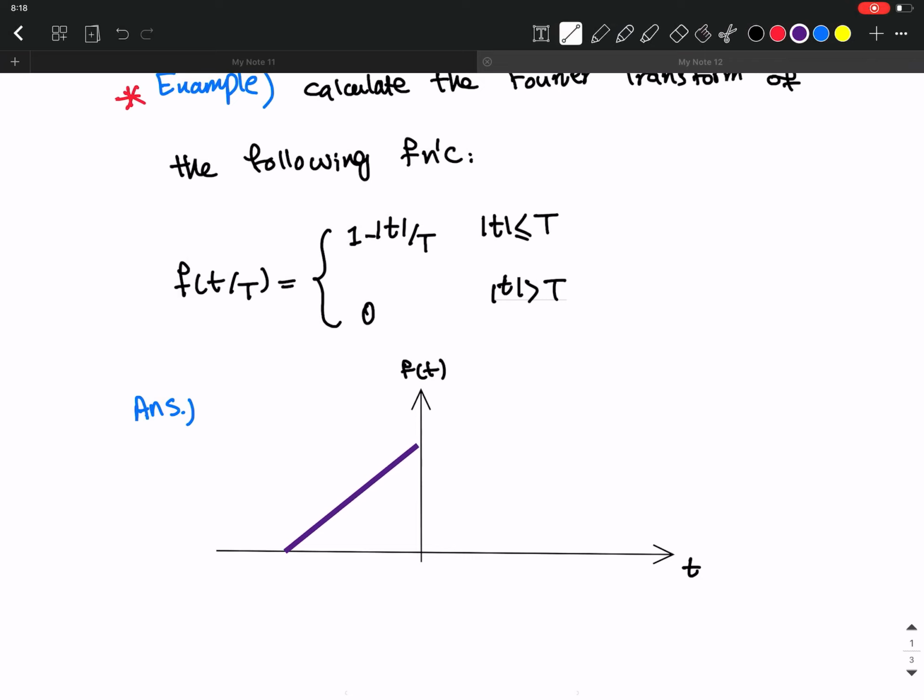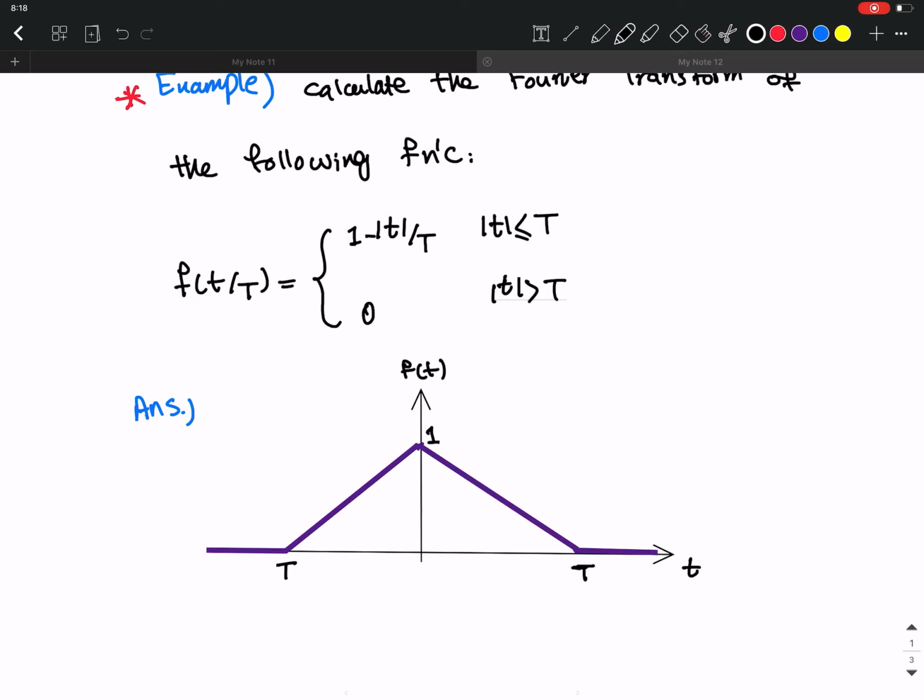Here and here, then it's gonna be 0, then it's gonna be 0. So let's see. Here it is gonna be 1 at 0, and then if t is greater than capital T it's gonna be 0, and less than minus T that also is gonna be 0.